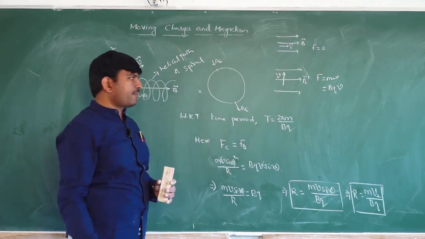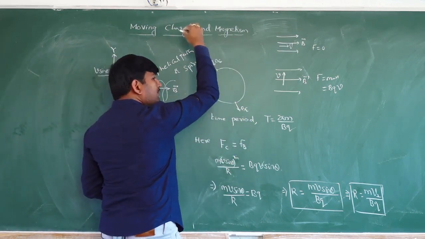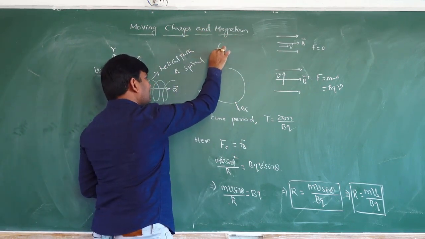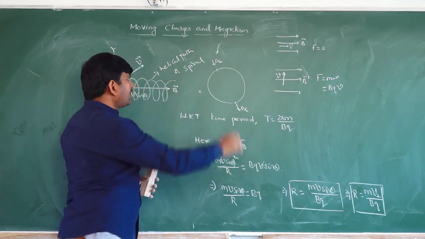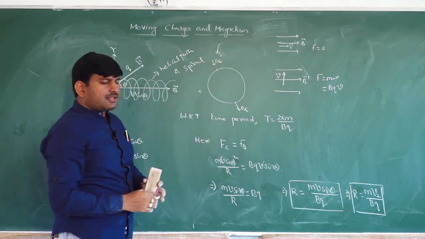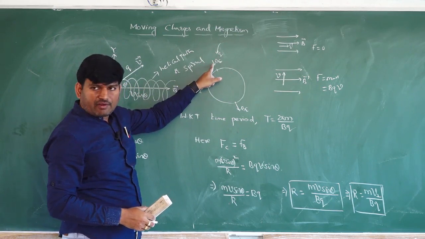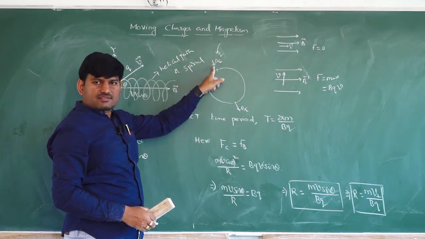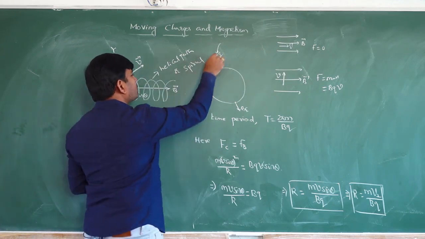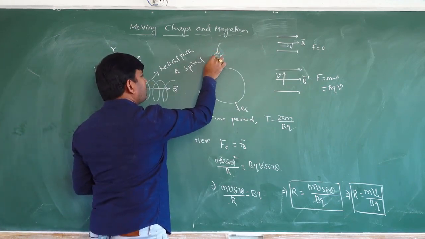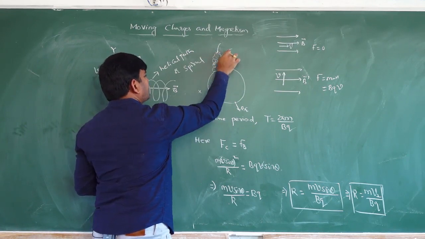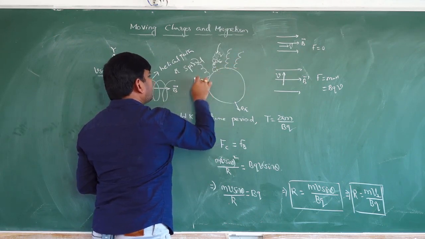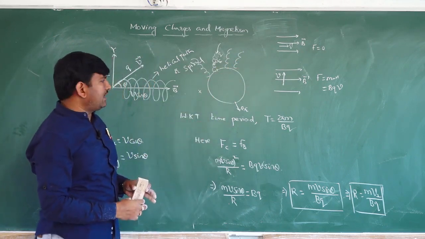Now when some charged particles coming from outside the earth's atmosphere enter into the atmosphere of the earth, the charge has to experience the magnetic force. Because of this magnetic force, what should happen? It has to follow this path like this. It has to follow the helical path. The charged particle entering into the earth's magnetic field has to follow the spiral path or helical path.